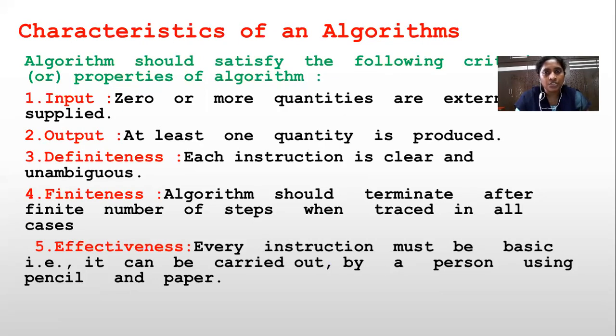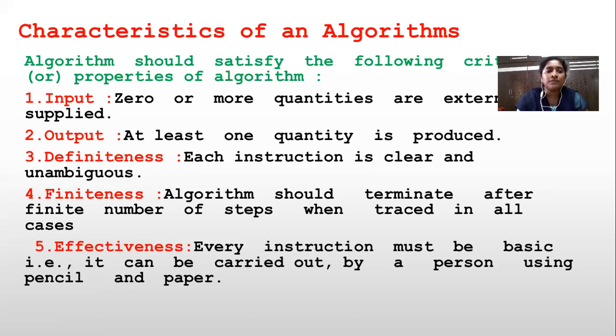Definiteness. Each instruction should be very clear and unambiguous. Ambiguity is generally confusion. So each instruction in the algorithm should be very clear and without any confusion. The general terminology which we use is unambiguous. Now finiteness.